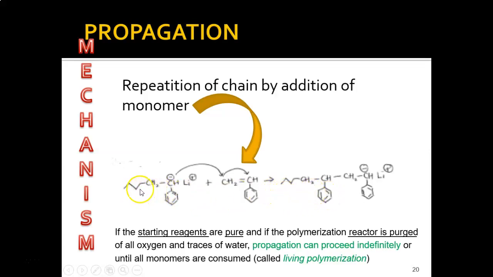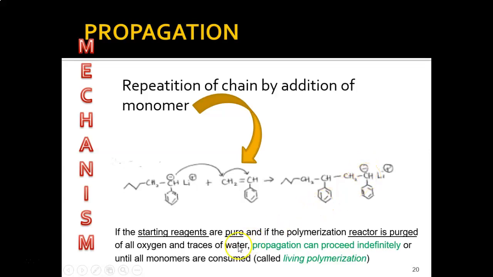Just copy this structure, CH2, CH, and don't write the Li first. After you write the structure until CH, you copy the monomer structure back without the double bond, and at the end of the structure you write down the Li plus. Don't forget to put the negative sign at the carbon.